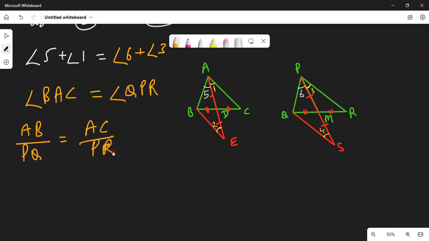From these two statements, you can say this implies triangle ABC is similar to triangle PQR.